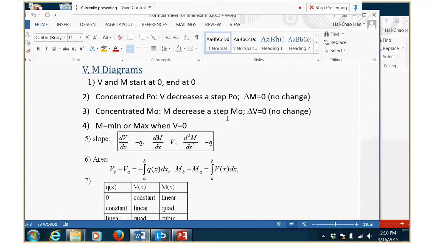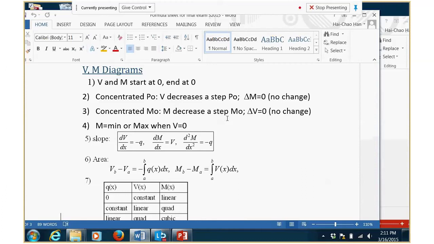The reactions include a moment or a force, depending on the kind of restraint. If you have a pin support, there is only a reaction force. If it's a fixed end, there will be a reaction force and a bending moment. When we talk about loads, we talk about distributed load, concentrated force, or concentrated moment. Those are the 3 basic types of load we deal with. In the textbook, they also give you a distributed moment, where you calculate in a similar way.